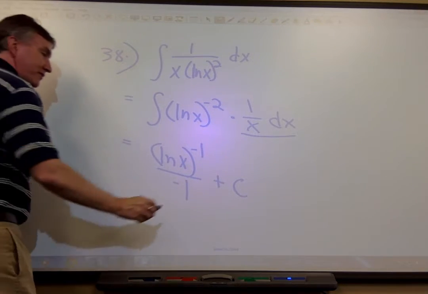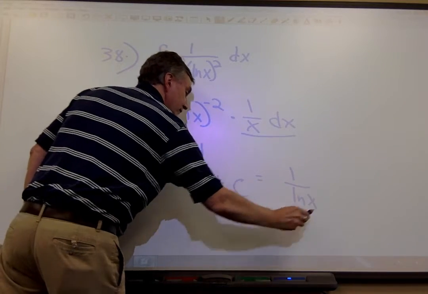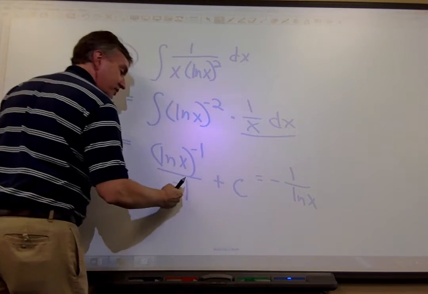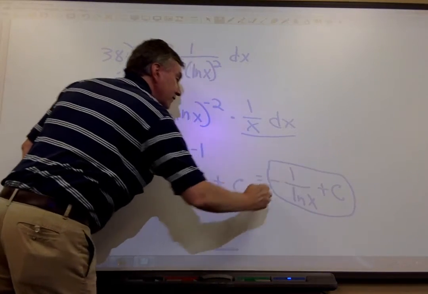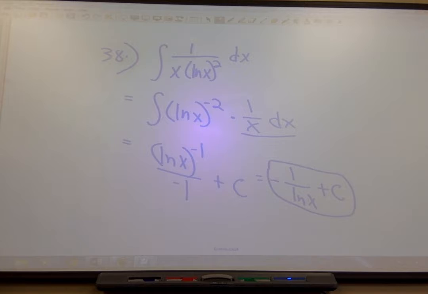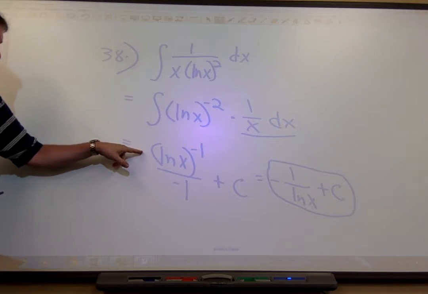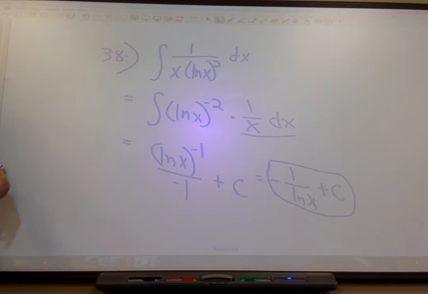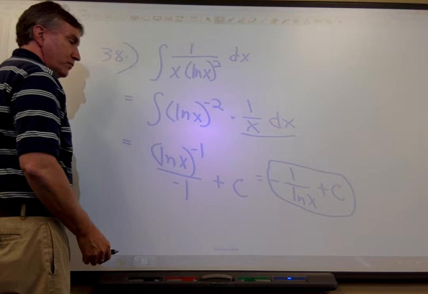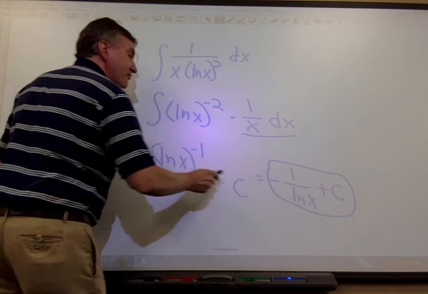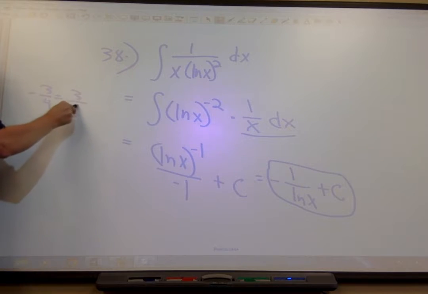How would the book write that? With a negative out front? Bring that out front. Let's see. Would it matter if you left it in the denominator? If you just left it ln x to the negative 1 with the negative out front, that would probably be just fine. No, I meant like if you had 1 over negative ln x plus c. If you had this fraction, would you ever write it on a test as that?